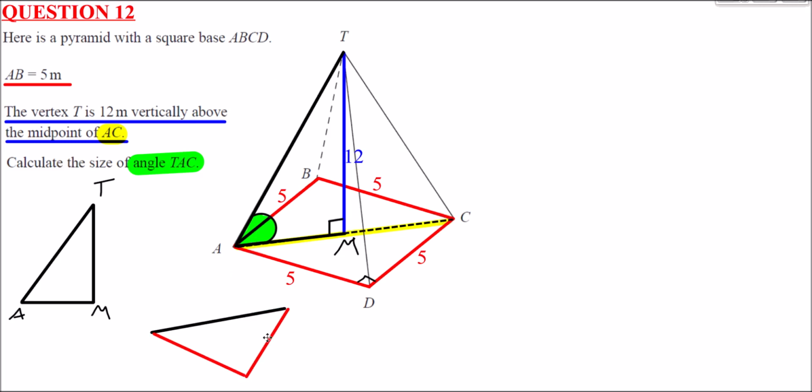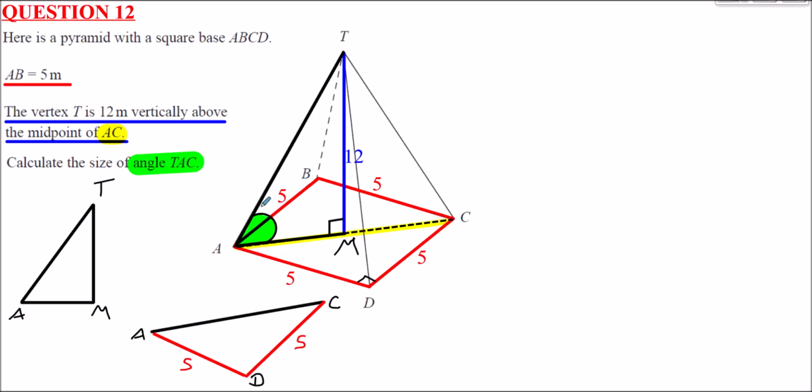That's quite a bad sketch actually. Let's make that a bit more realistic looking. That's a bit better. So I'm going to call this A, B, C. We know that AD is 5, like so, and DC is 5 as well. So we can work out AC here.